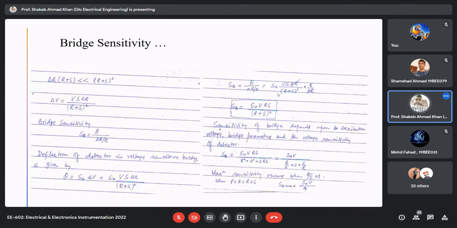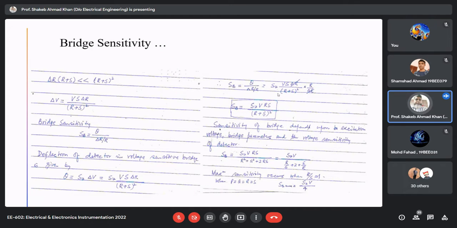Or if you are designing your Wheatstone bridge, and you know your requirement, how small a delta R you want to detect as per your application, then you have to design and implement the bridge with sufficient sensitivity which can cater to your requirement.